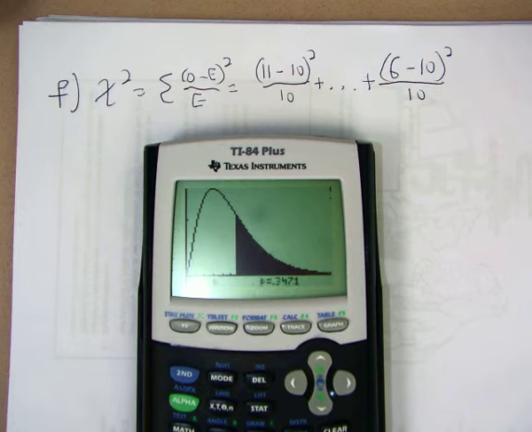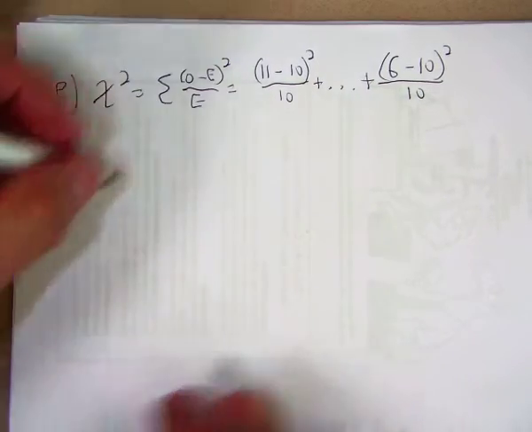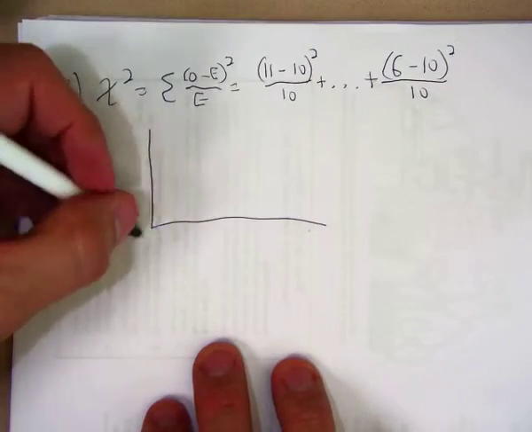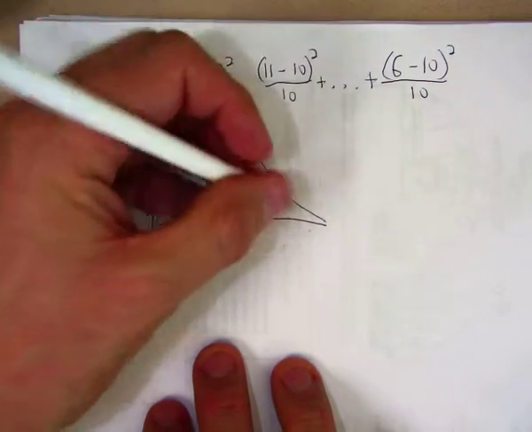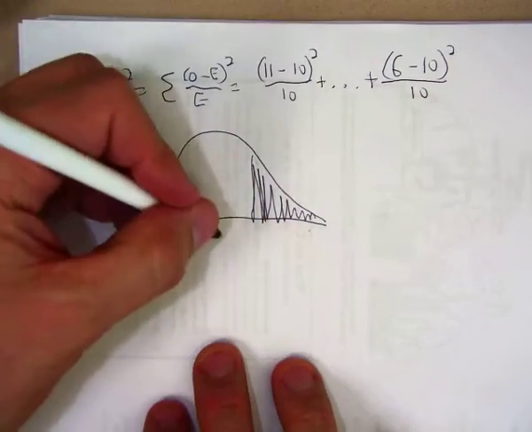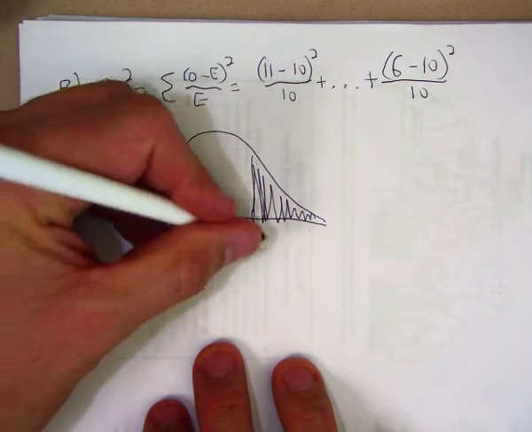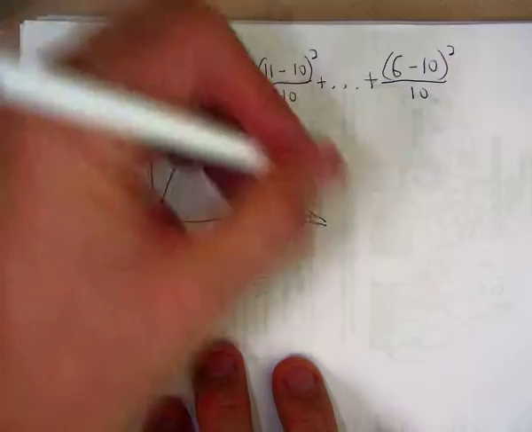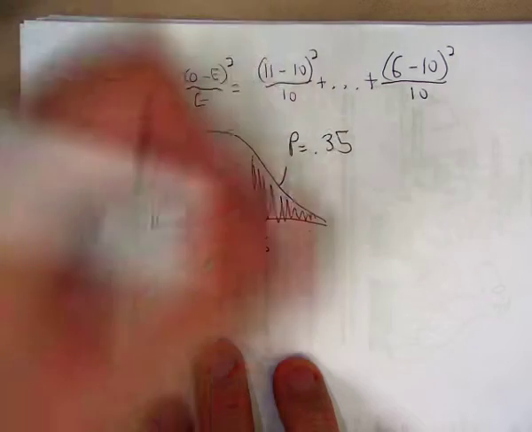I'm going to copy that on our paper. So chi-squared is 5.6, and big P is 0.35. Okay, so that's what this looks like. Something like that. Shade it in about like that. Chi-squared here is 5.6 and big P equals 0.35.